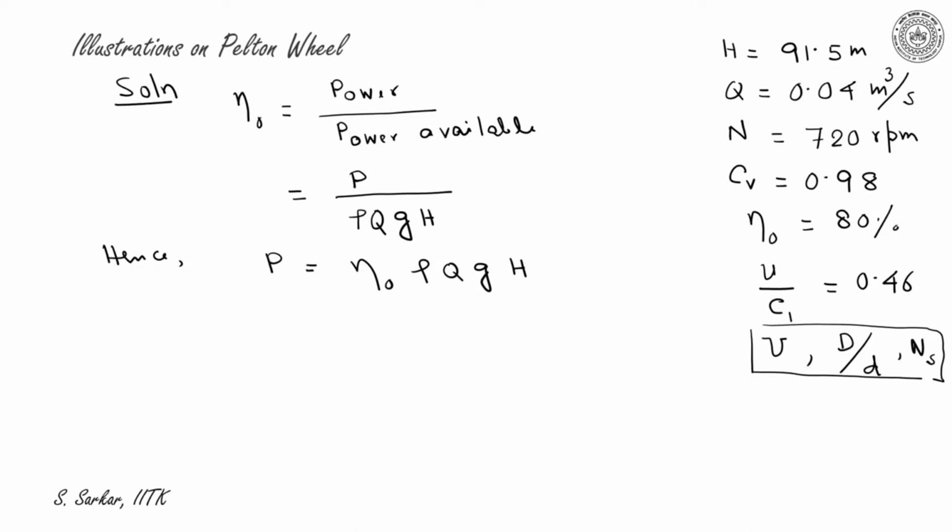Eta 0 is given as 0.8, rho I can write as 1000 kg per meter cube, volume flow rate is given as 0.04, g can be taken as 9.81 and head available is 91.5.